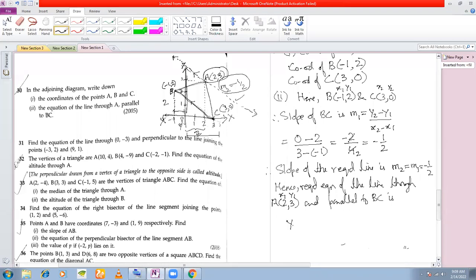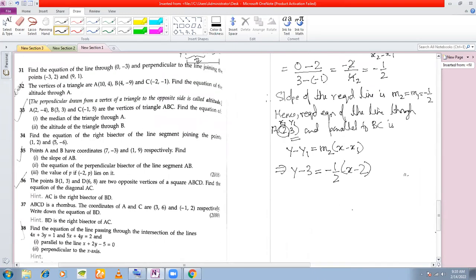You have y minus y1 is equal to the slope of this line, m2, into x minus x1. Now put the values. We have y minus y1, here y1 is 3. Slope of the line is minus half into x minus the x coordinate of this, which is 2. Okay, so we have got the equation of the line. We get y minus 3 is equal to minus half into x minus 2. We get y minus 3 is equal to minus x by 2 plus 1.